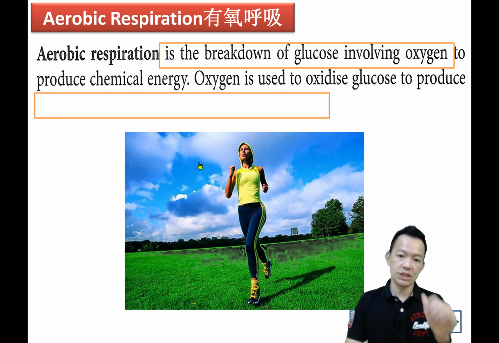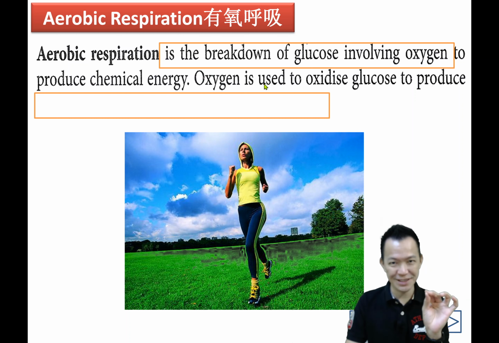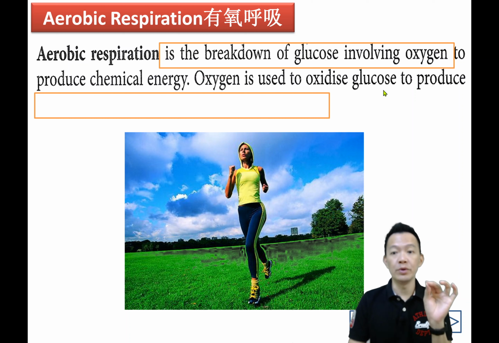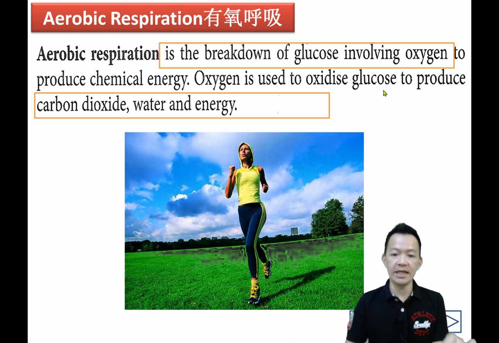Oxygen is used, not energy is used. Oxygen is used to oxidize the glucose to produce the energy called ATP. So oxygen is used to oxidize the glucose to produce carbon dioxide, water, and energy.